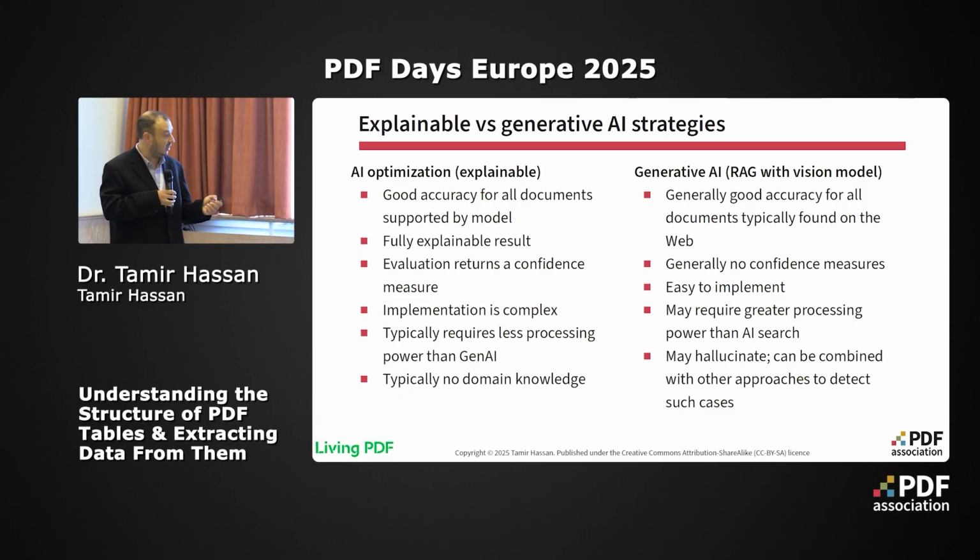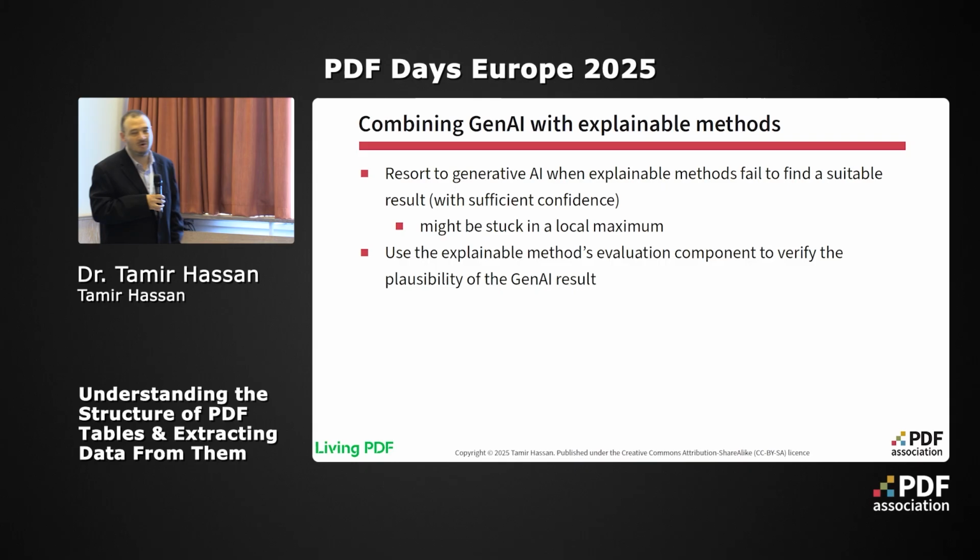My next slide summarizes the two possibilities of combining them. The first, which might actually be a better method, is to use the explainable methods if they work. They're usually less processor intensive, and they return confidence measures. So if we have a document that fits the model, then we know that we've been able to actually understand it correctly.